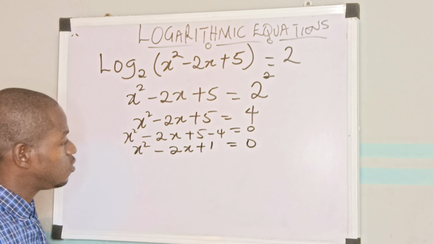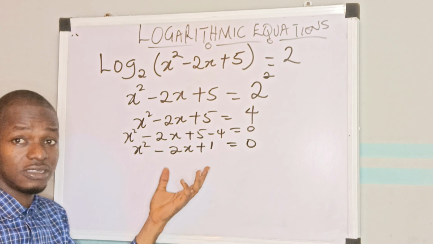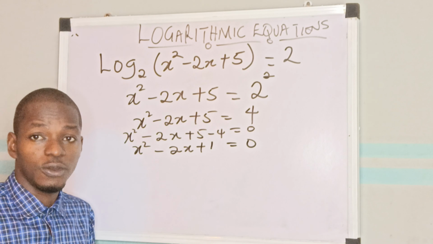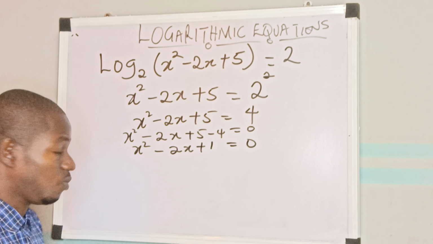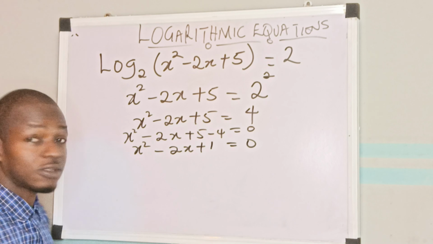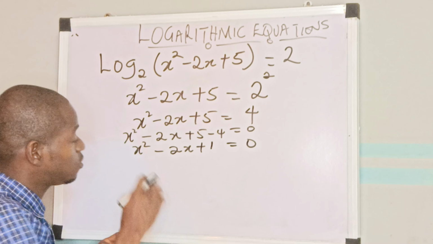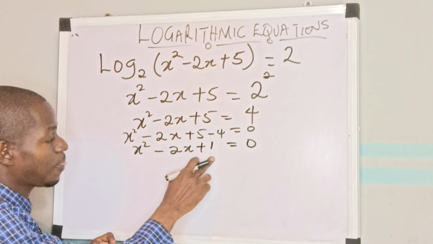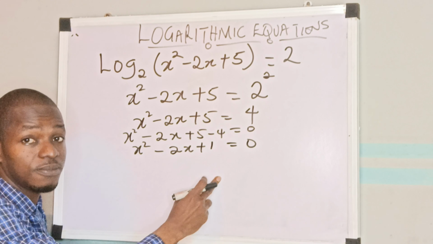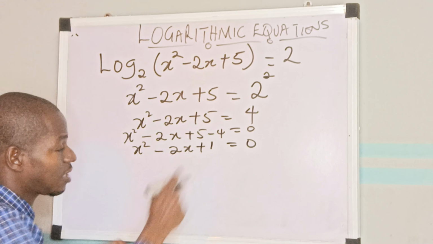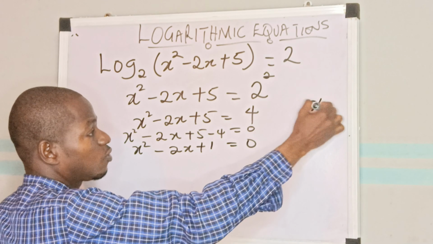Now the next thing to do is solve this quadratic equation and you have your answer. How do we solve it? We can use the factorization method. How do we do the factorization method? You multiply the first and the last terms, x squared times 1, that's x squared.